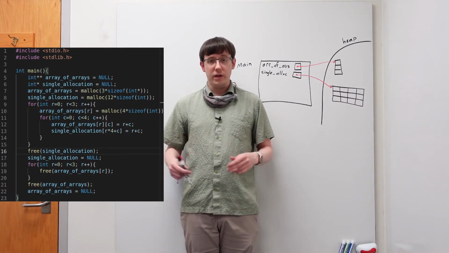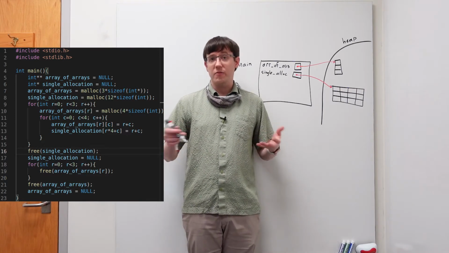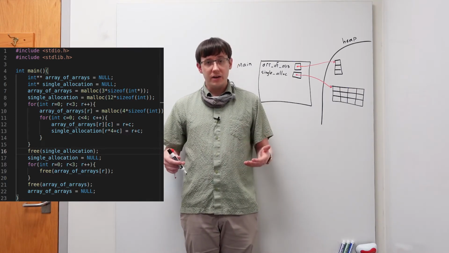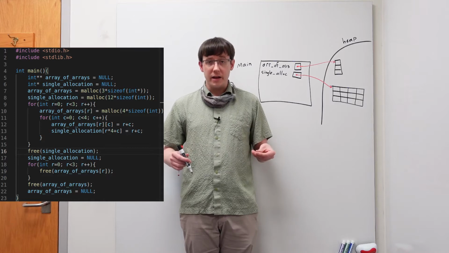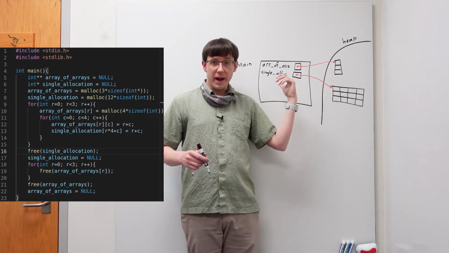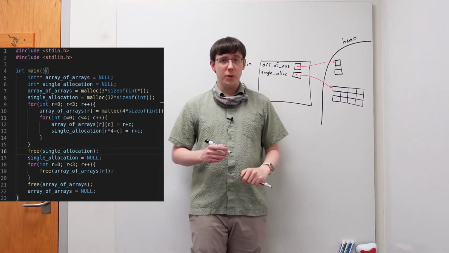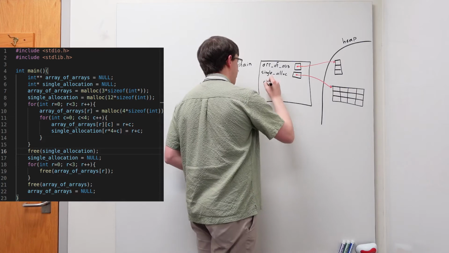Lines 9 through 15 are a for loop that will fill in both arrays with the same values. And on line 10, we are allocating one of the inner arrays for our array of arrays. So on the first iteration of the for loop, r is 0.